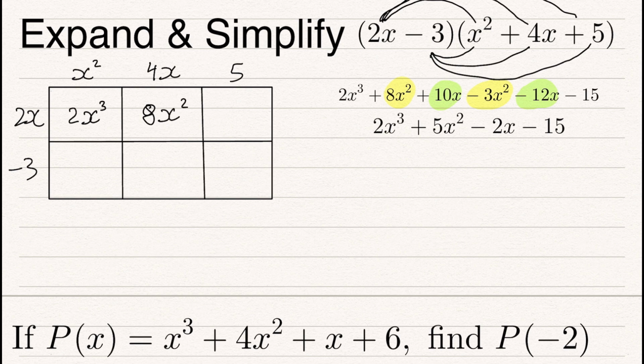And the third box will be 2x times 5, or 10x. Moving into the second row, the next box will be -3 times x squared, or -3x squared. The next will be -3 times 4x, or -12x. And the last will be -3 times 5, or -15.